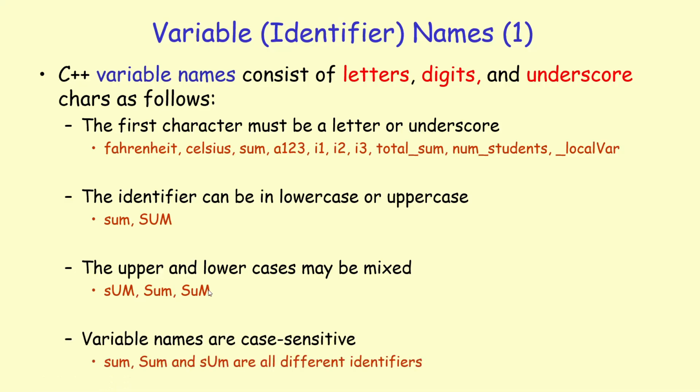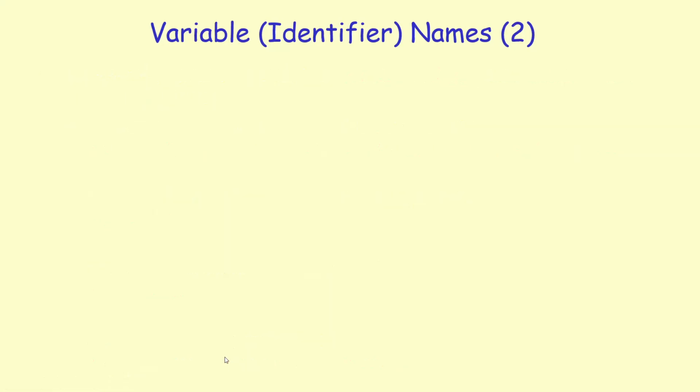Finally, variable names are case sensitive in C++ and in many other programming languages, which means you're seeing Sum, and sum, and SUM. They are all different variables as far as the compiler is concerned because they consist of different capital and lowercase letters if you look at them. So they are not exactly equal to each other.